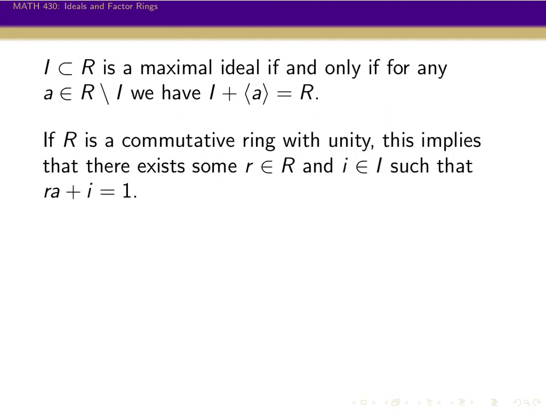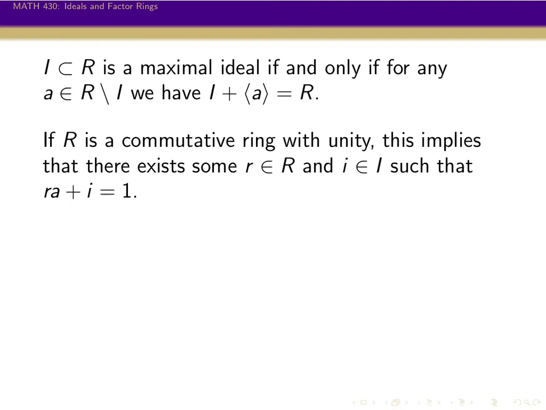So in particular, if R is a commutative ring with unity, that means there exists some r in the ring and some i in the ideal such that r times a plus i equals 1, the multiplicative identity.